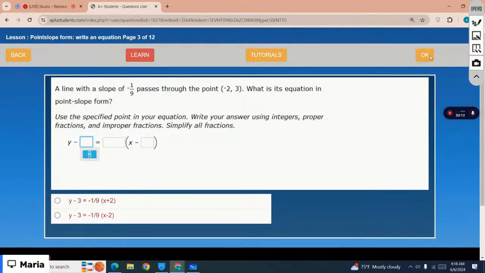A line with a slope of negative 1 by 9 passes through the point negative 2, 3. What is its equation in point slope form? So which is the correct option?